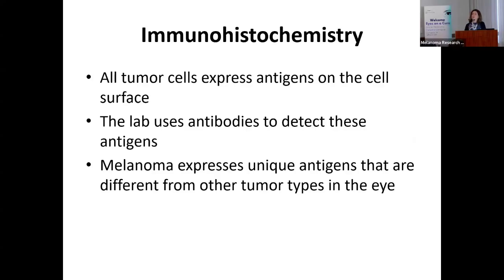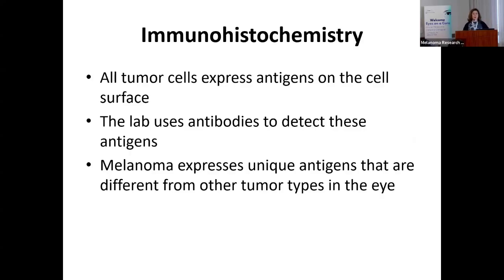And we stain using immunohistochemical stains. We take advantage of the fact that all tumors, melanomas included, express structures on the outside of the cell that we can make antibodies to.